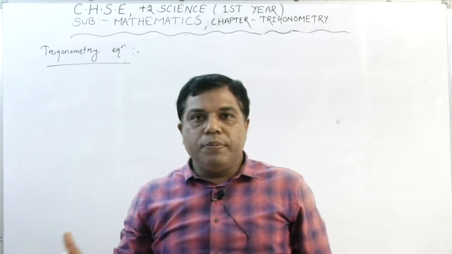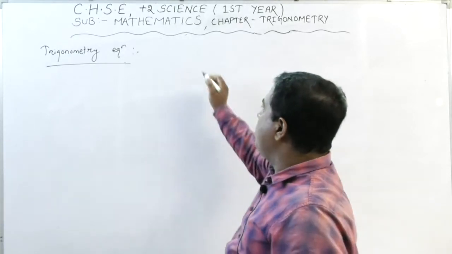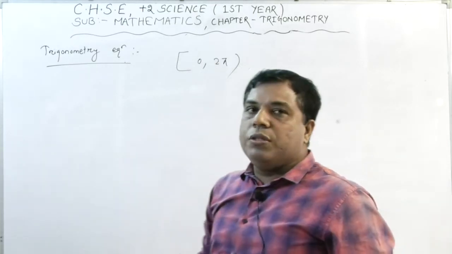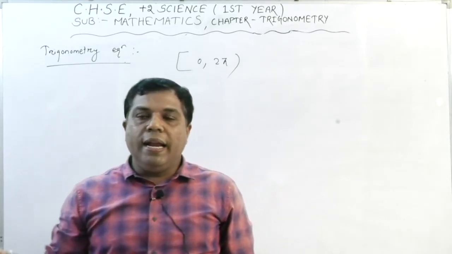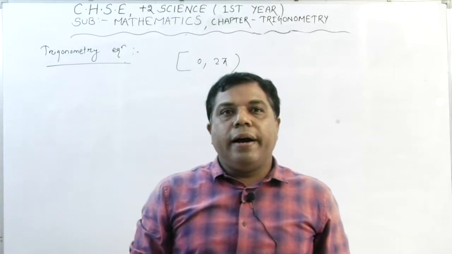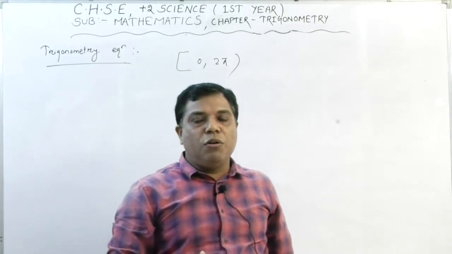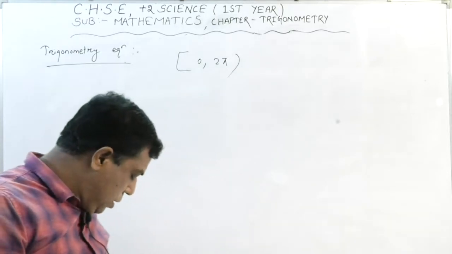Some of them are called principal solutions, which lie in the interval of 0 to 2 pi, and we can further find a general procedure to find the solution of our trigonometric equations.